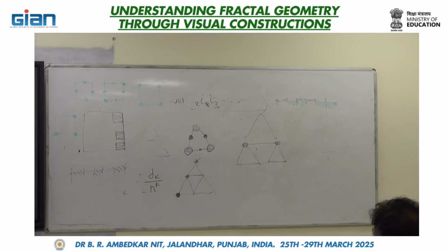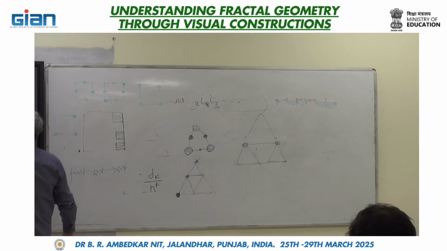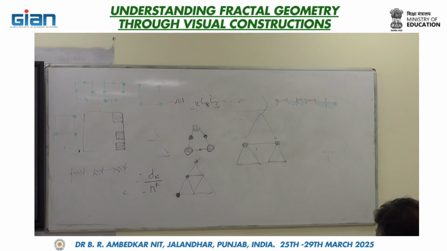And this is type B because the neighboring points lie on diagonals. So this fractal square looks this way. And it is impossible if n is an even number. Only odd n is possible.